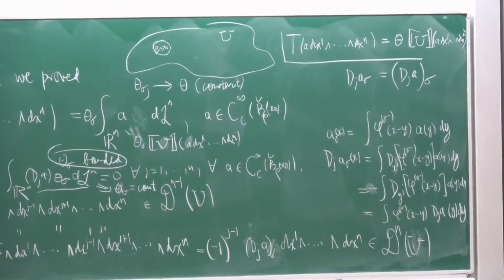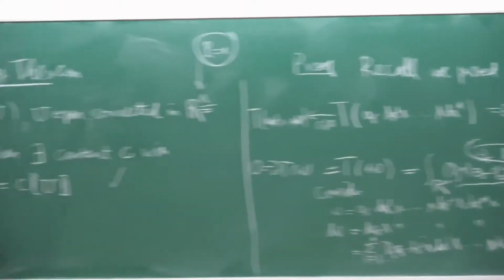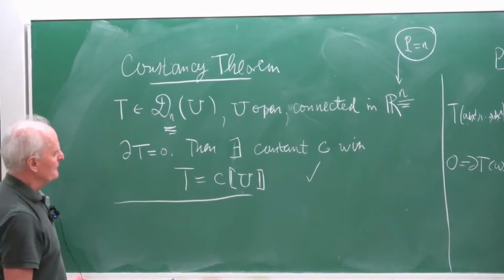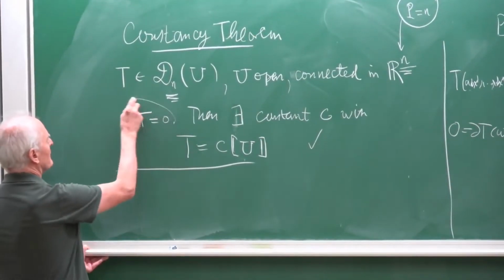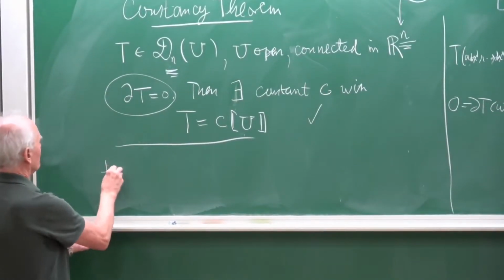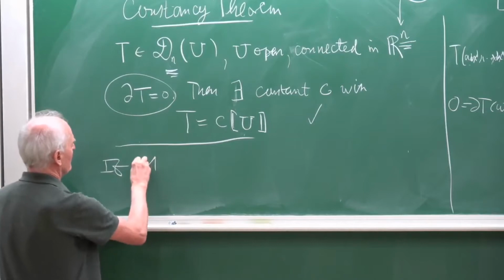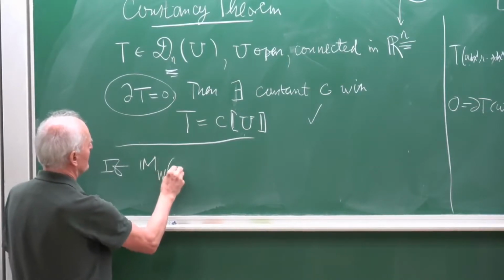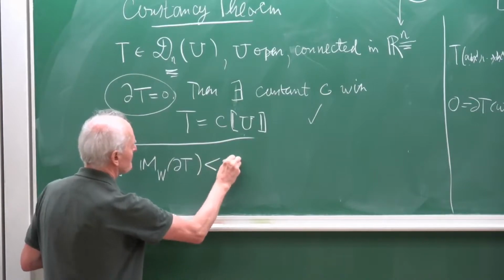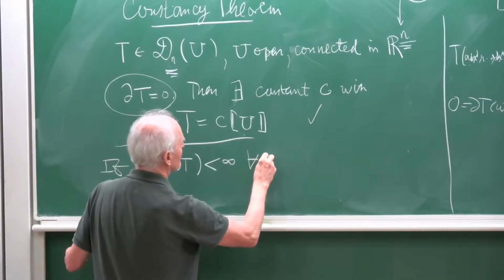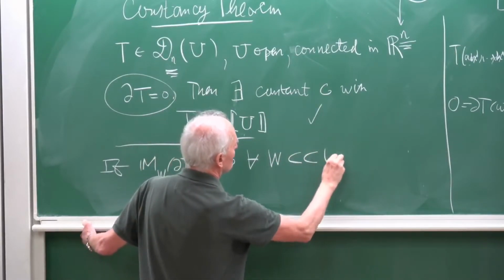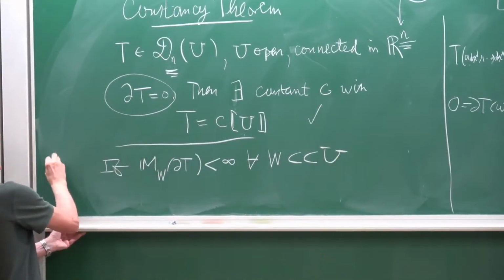Now, for later purposes, I want to mention something. I don't think I've got time to give the proof, but let me mention it. If you drop this hypothesis, if you assume the mass of the boundary is merely finite instead of 0, so this is an important extra note.